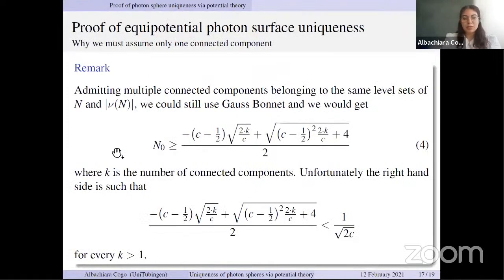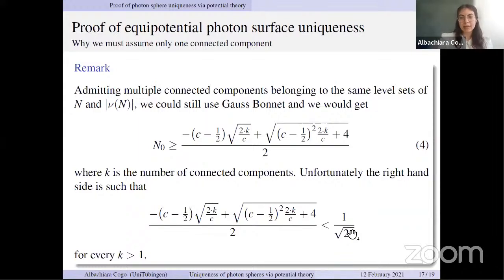Because if we assume, for example, k is the number of connected components, then we get this bound on the right-hand side, still using Gauss-Bonnet under some assumptions. And this is strictly less than the value that we want to attain, so we cannot conclude.